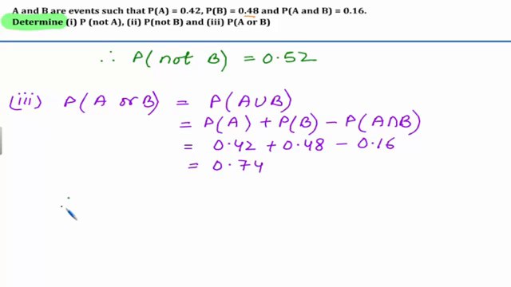Therefore, probability of A or B or A union B is equal to 0.74. This completes the solution.